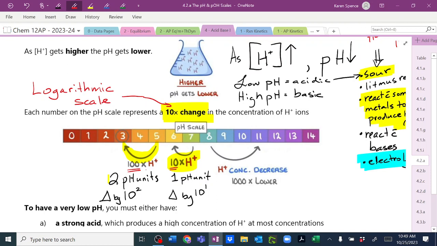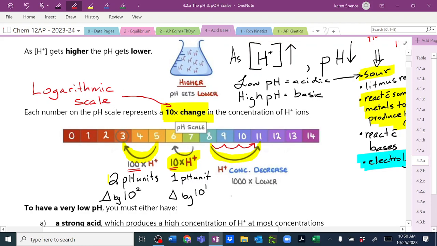We'll get to that. Don't worry, we'll figure out how to do all the calculations. Now let's look at this one here. We're going from 8 to 11. Are we becoming more acidic or less acidic? We're becoming less acidic. How many pH units have we moved over? 1, 2, 3.